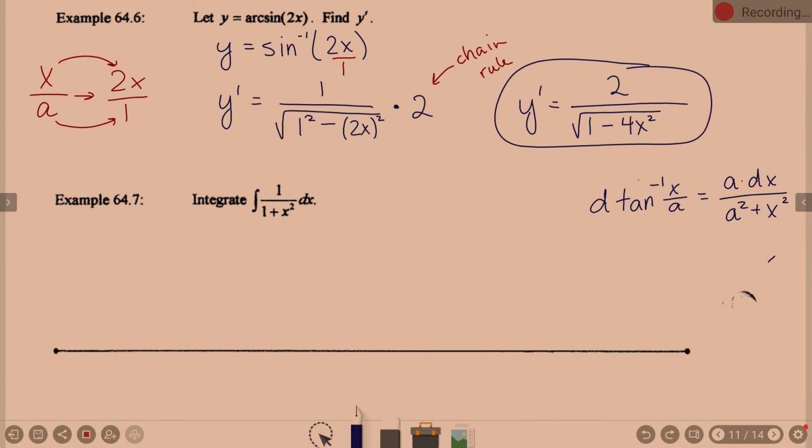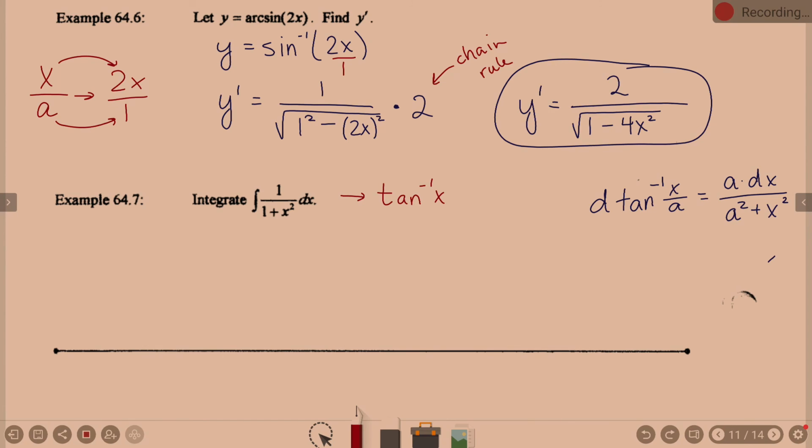When you go to integrate 1 over 1 plus x squared, you'll very quickly figure out, I don't know how to integrate that stuff. And that's where you have to start searching your brain for, okay, what is that similar to? So yes, we want to think tan inverse x.